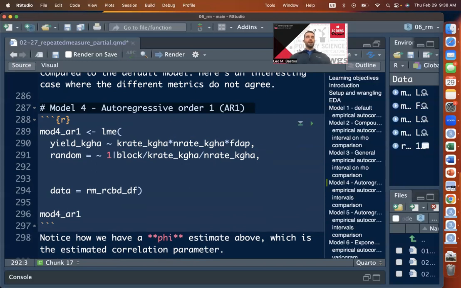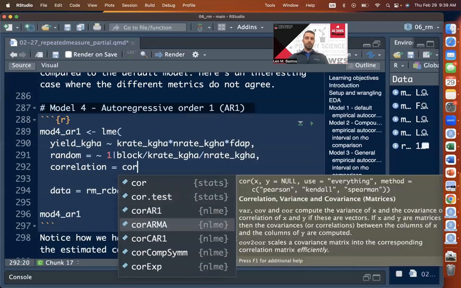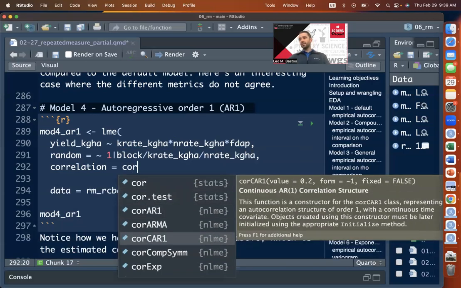All right, so here in lme, if you remember, there is an argument called correlation. That's what I want you to do next. Here's where we're going to specify the correlation structure function, which in this case, for an autoregressive of order 1, is going to be corAR1.